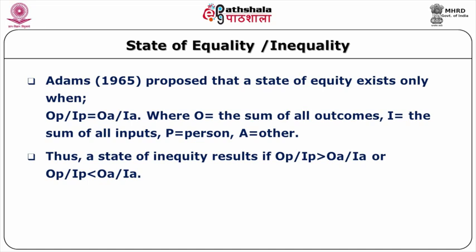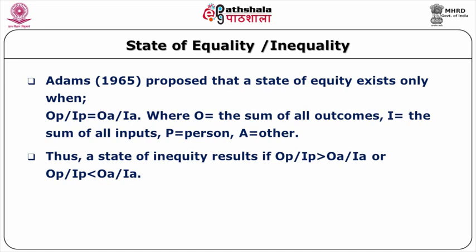Adams proposed that a state of equity exists only when the ratio of output to input of the person is equal to the ratio of output to input of the other person or group of persons.